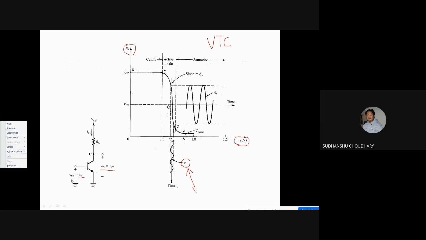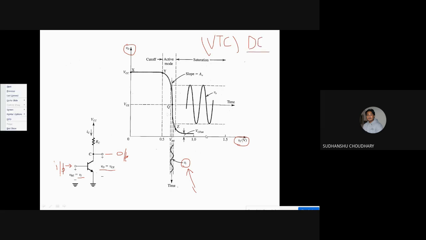So the input voltage is over here, this is my input and this is my output, so I'll write output over here. So VTC is simply a plot of output voltage versus input voltage. It is a DC plot, so we are only plotting DC values of output voltage versus input voltage, not AC values.